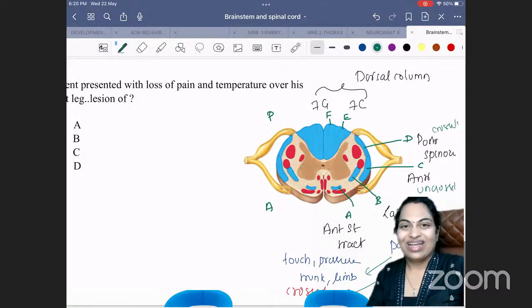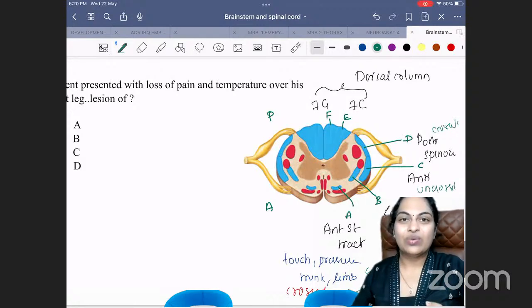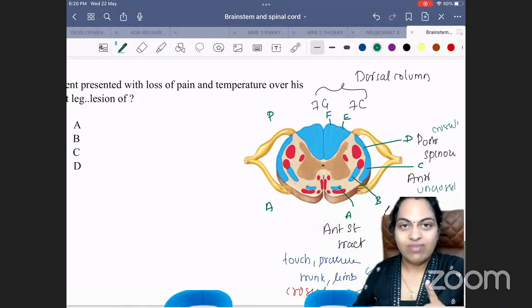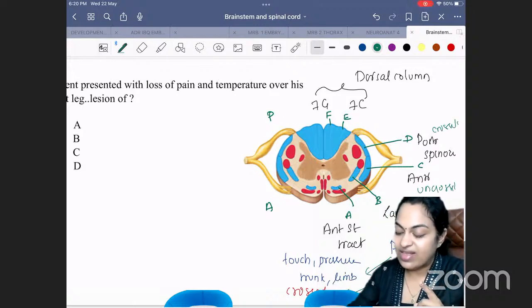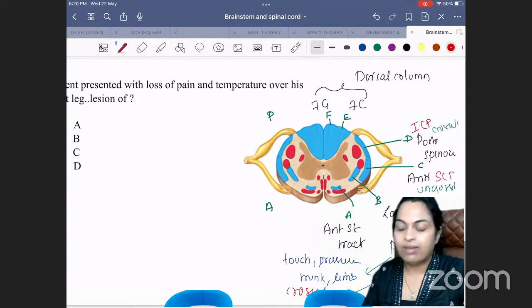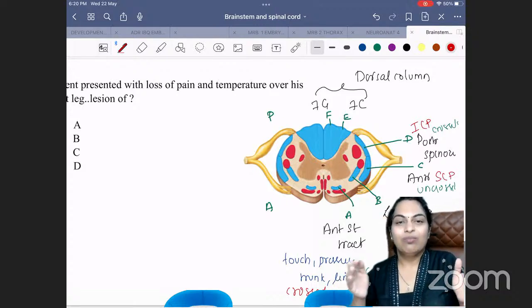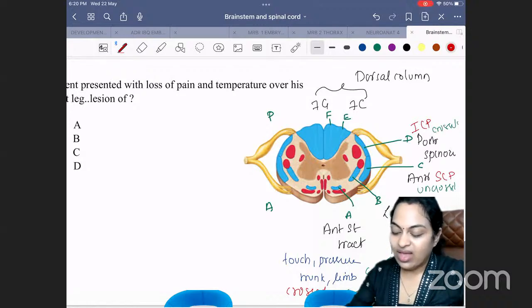Okay, and another MCQ related to this: the posterior spinocerebellar tract reaches the cerebellum through the inferior cerebellar peduncle. Whereas the anterior spinocerebellar tract reaches the cerebellum through the superior cerebellar peduncle. And another MCQ, both these tracts carry that proprioceptive information from which part of the body?